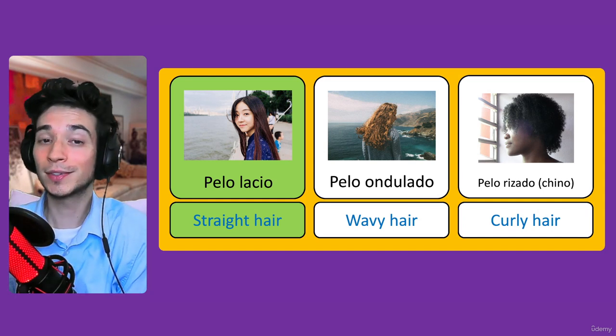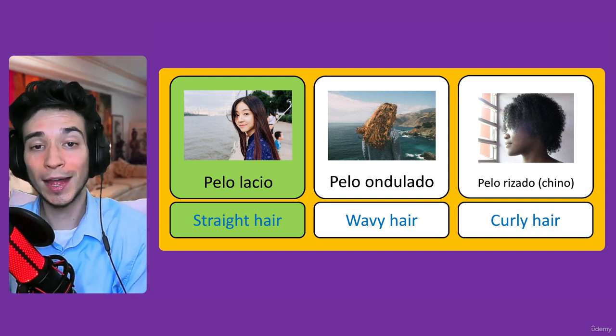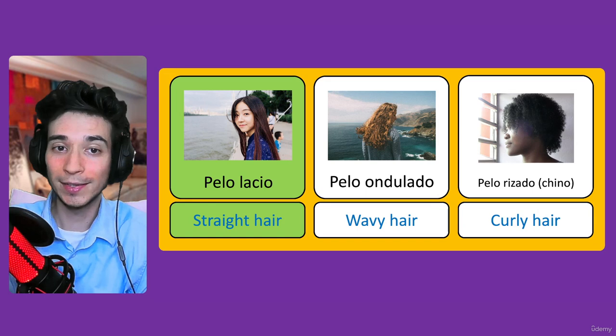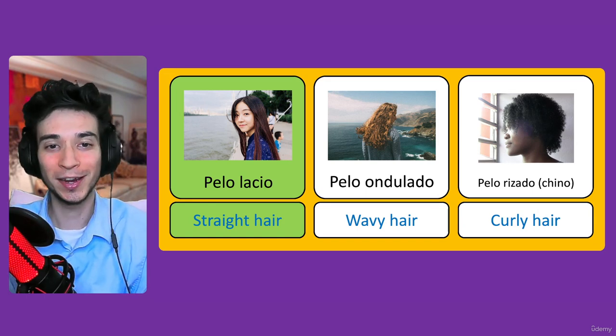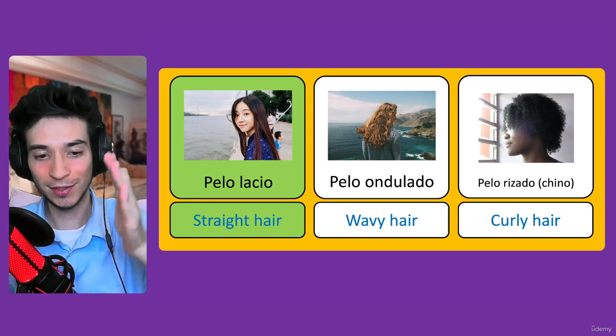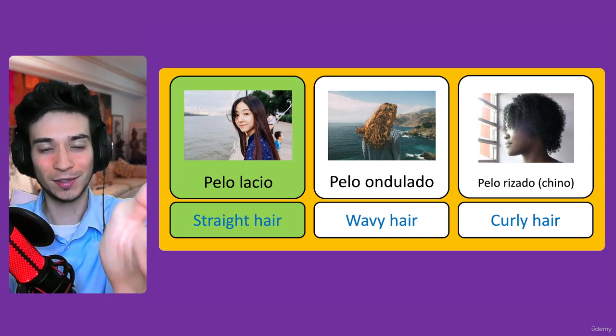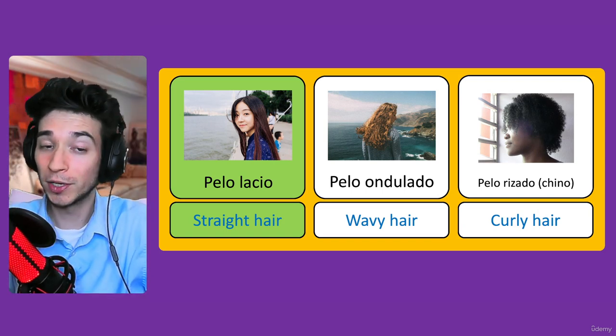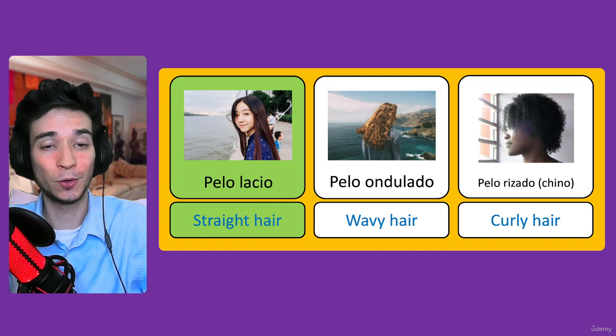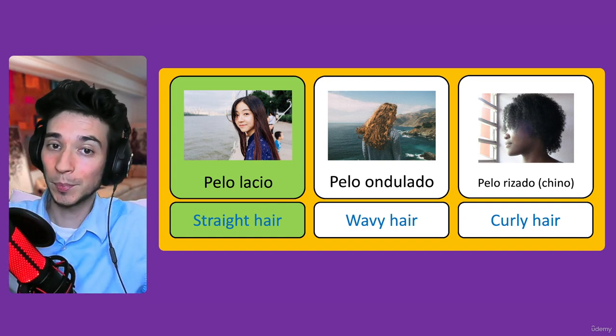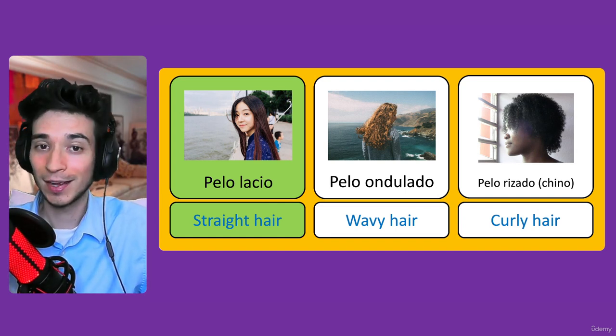Pelo lacio means straight hair. So lacio is kind of like straight, but it's only referring to hair, because the real word for straight would be derecho. But when it comes to hair, we say lacio, only for hair. Straight hair, pelo lacio.